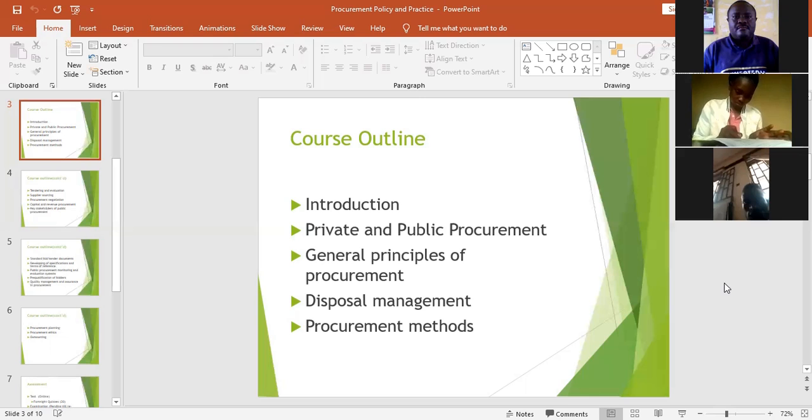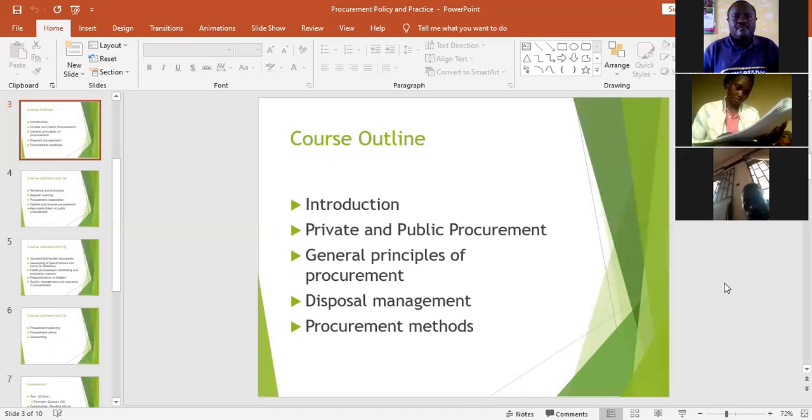Then another method of procurement is called selective domestic and selective international bidding. Let us start with selective domestic. Obviously, from the word selective, it means inviting bidders, only domestic bidders, without including foreign bidders.